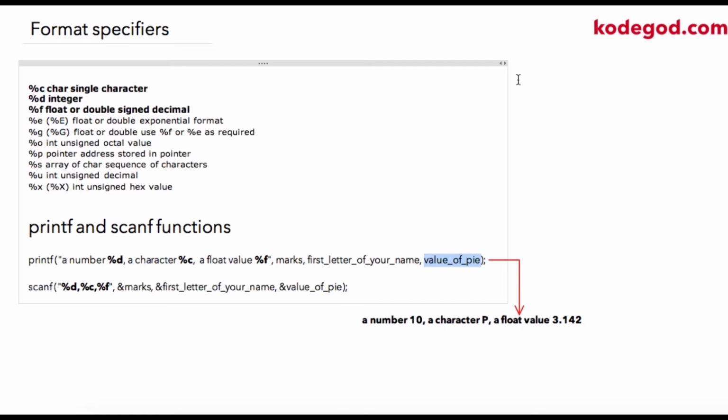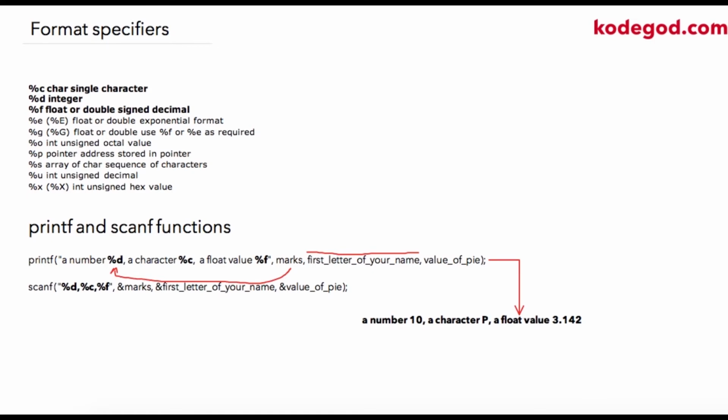So how exactly will this printf statement get executed? At the time of compilation, my %d will be replaced by marks. This variable will replace %c, and similarly my final variable, with a value of 5, will be used to replace %f.